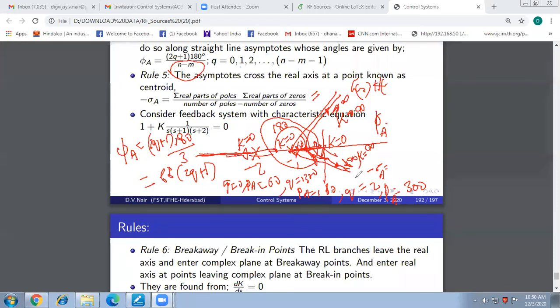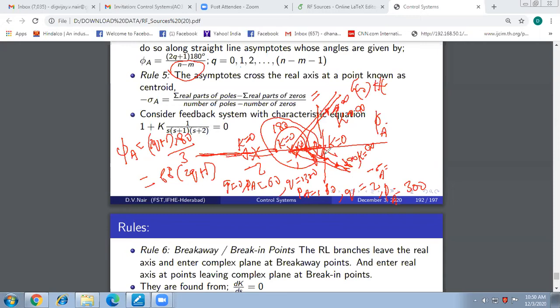So here it's not asymptotically stable; for no value of gain k can you have a stable system, because we will see how to find that value of gain k. We can see that one root locus branch intersects the imaginary axis here, and similarly another branch intersects the imaginary axis here. So we can find the values of gain k corresponding to the intersection of the root locus branch with the imaginary axis. How to do that?